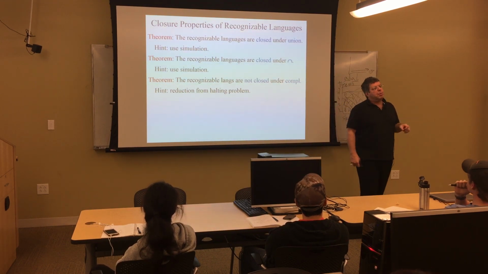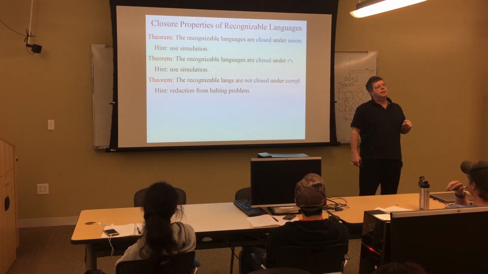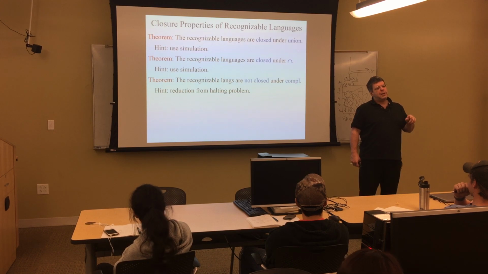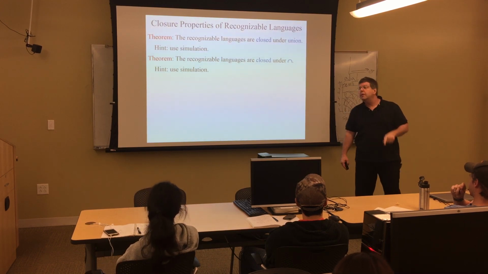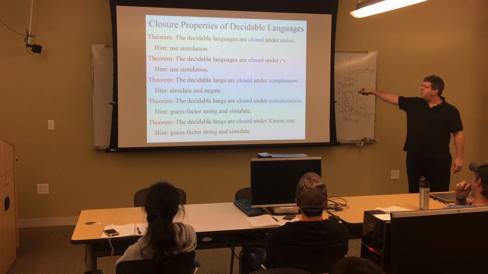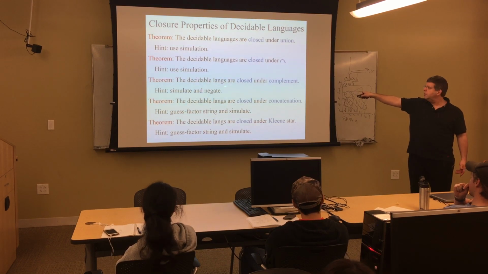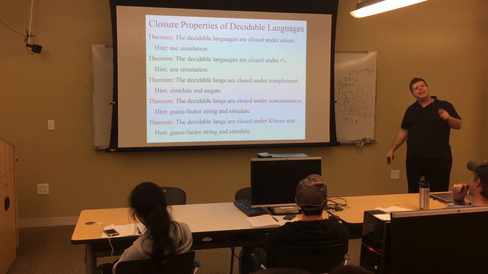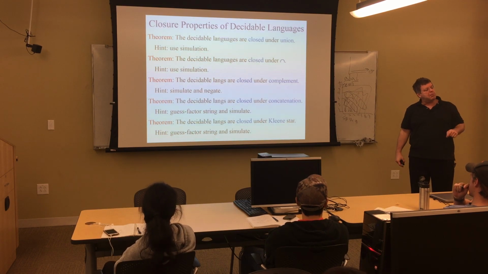The complement of the halting problem is certainly not decidable. Why? Because if a language is decidable, its complement is decidable. We already argued that. Just negate, flip the bit. So the halting problem is not decidable, which means the complement is not decidable.